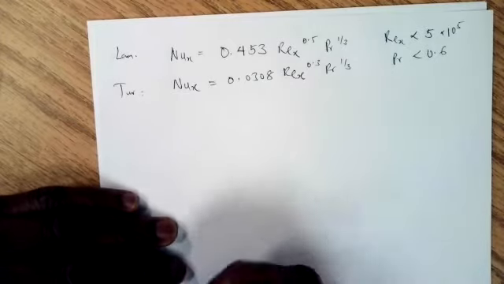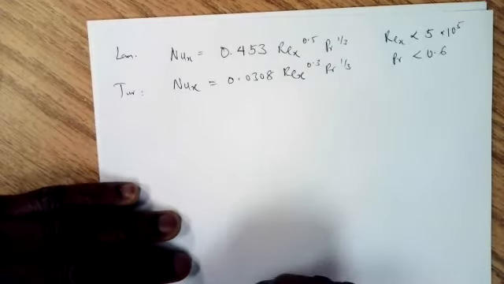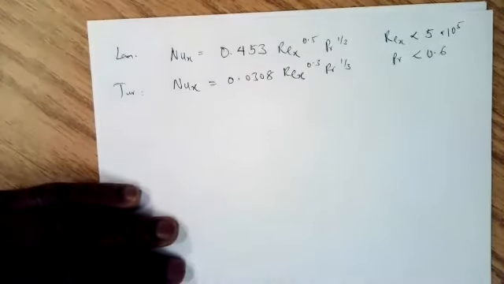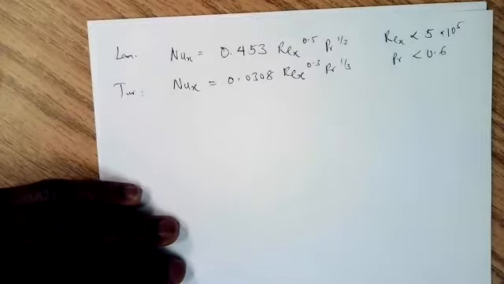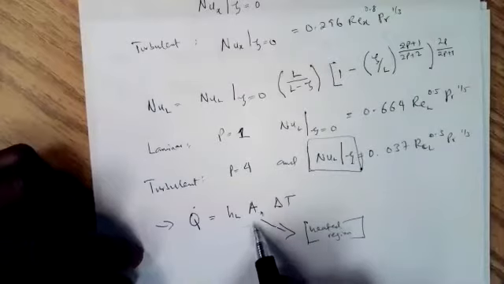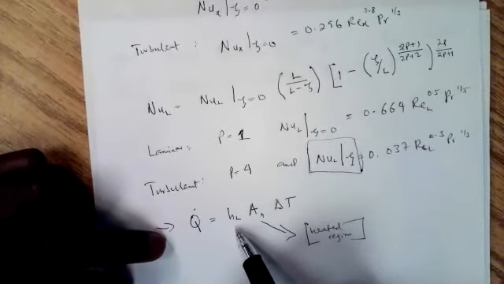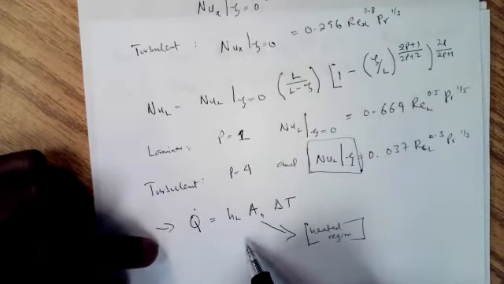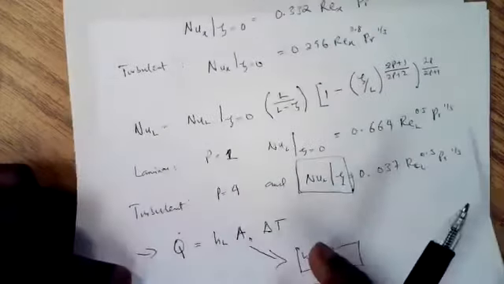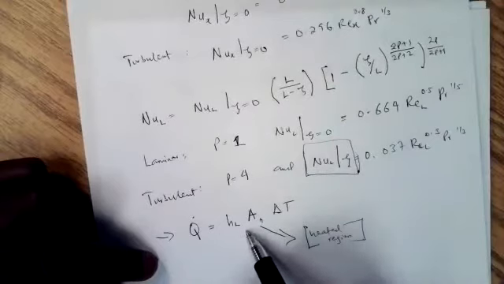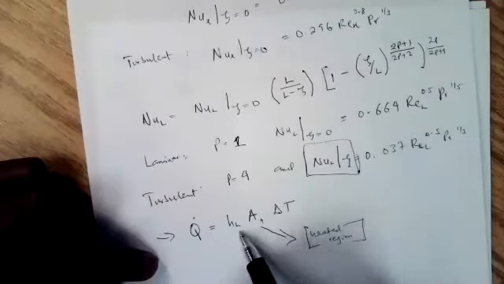Okay. So, I already wrote down an expression for what the heat transfer or loss from the plate will be. Now this considers the convective side of our expression, right?